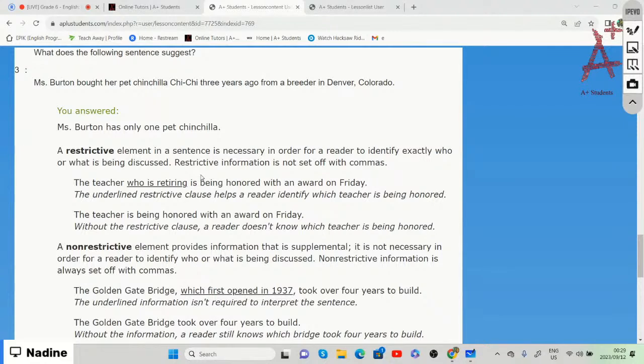So this suggests that Miss Burton has a pet named Chinchilla Chichi, which she bought 3 years ago. They're not necessarily saying that she only has one pet, but if we look at the information, it seems to give us the information that she only has this one pet, which is Chinchilla Chichi, right?